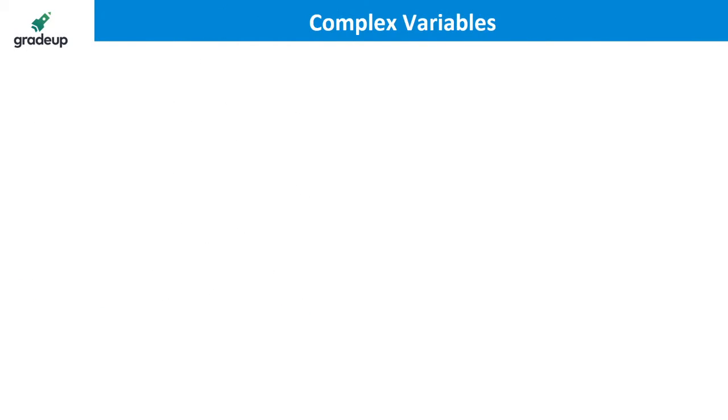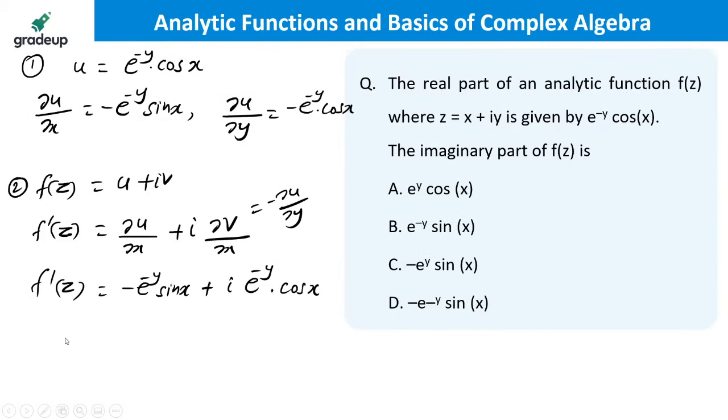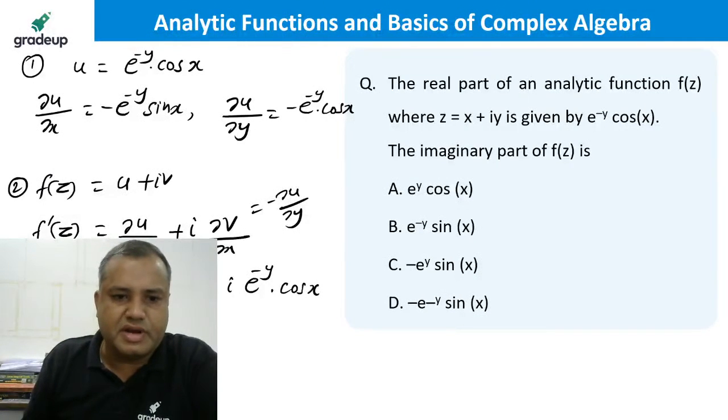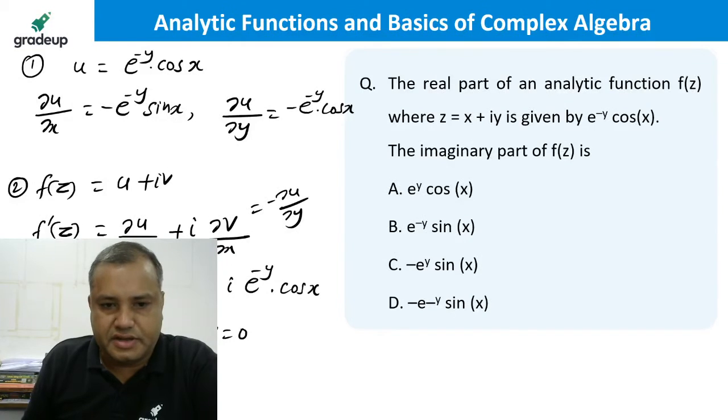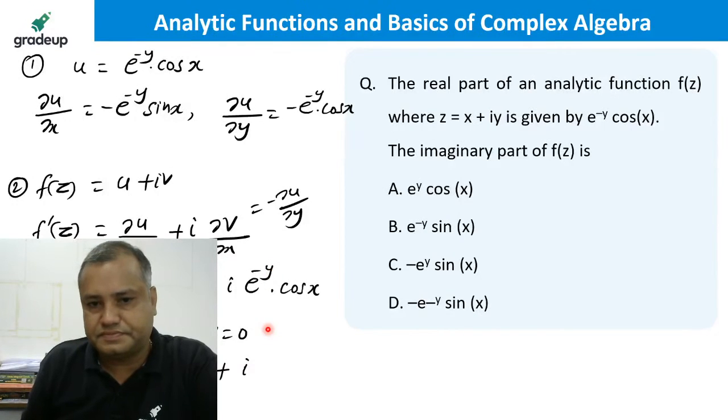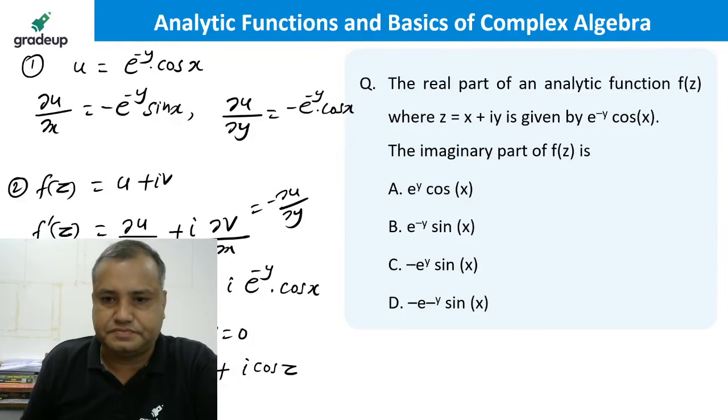So working rule is Milne-Thomson method. Which method we are using? Milne-Thomson method. So according to Milne-Thomson method, working rule is put x equal to z and y equal to 0. So e to the power 0, that will be 1 in sin z plus I e raised to 0, 1 and cos z.